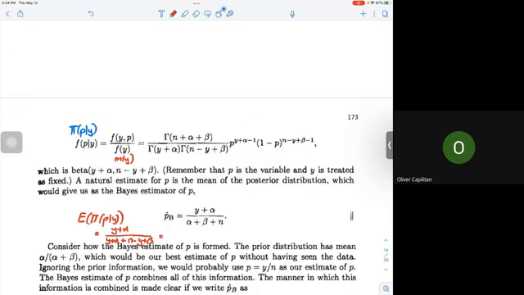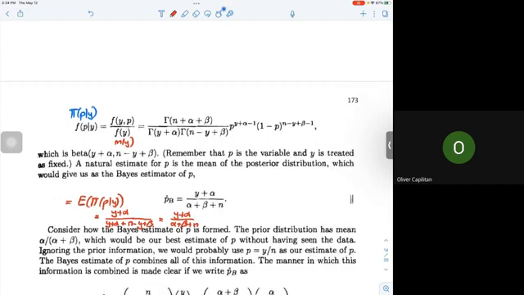And that is equal to y plus alpha over alpha plus beta plus n. And the mean of our posterior distribution is actually the base estimate of our parameter p. So this is now the base estimate.